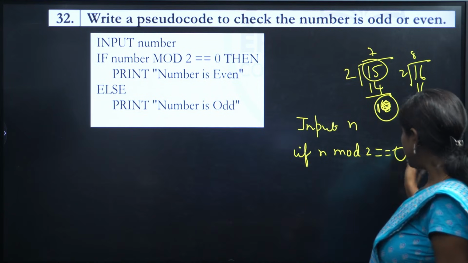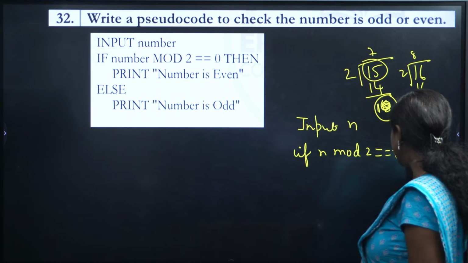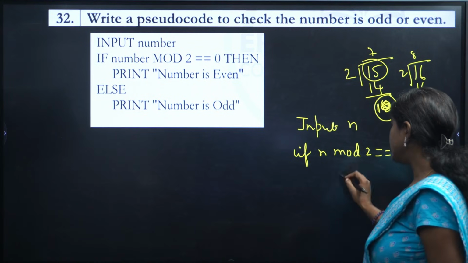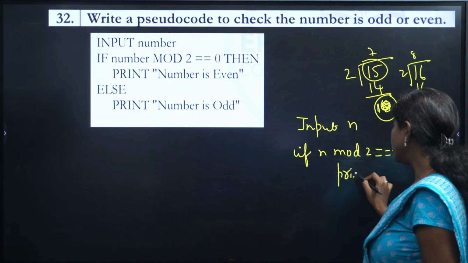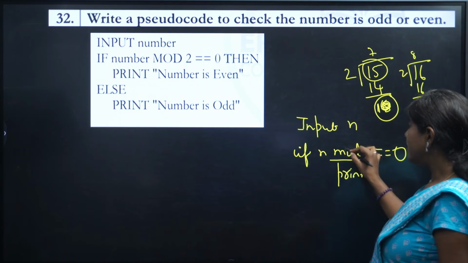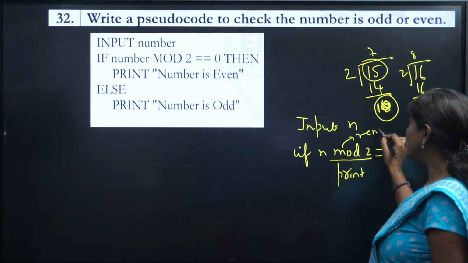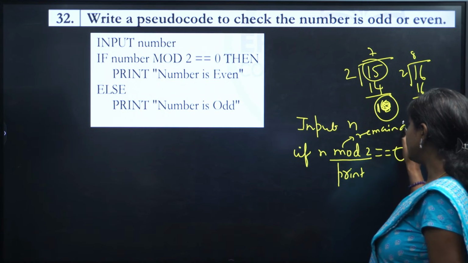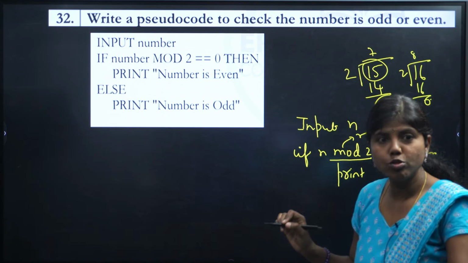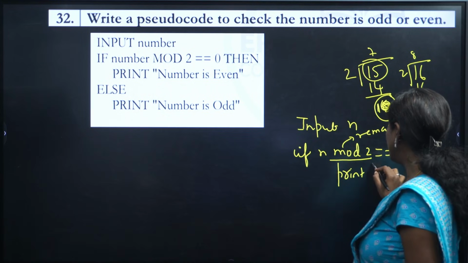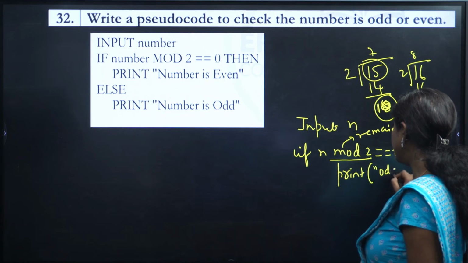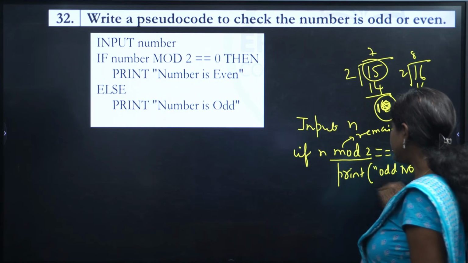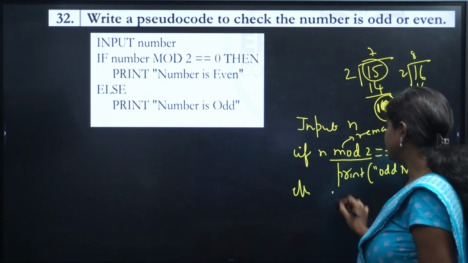Equal to 0, then we say what? Mod gives you the remainder. If n mod 2 is going to be 0, then it is an even number, else it's an odd number.